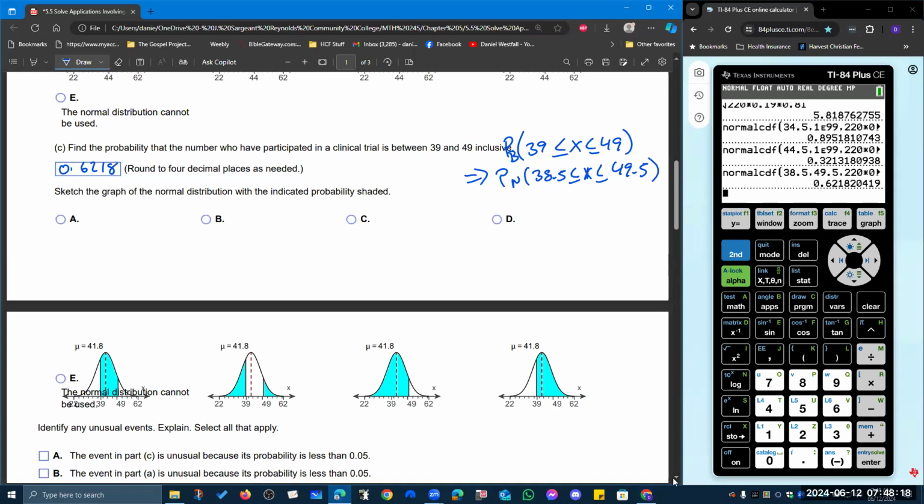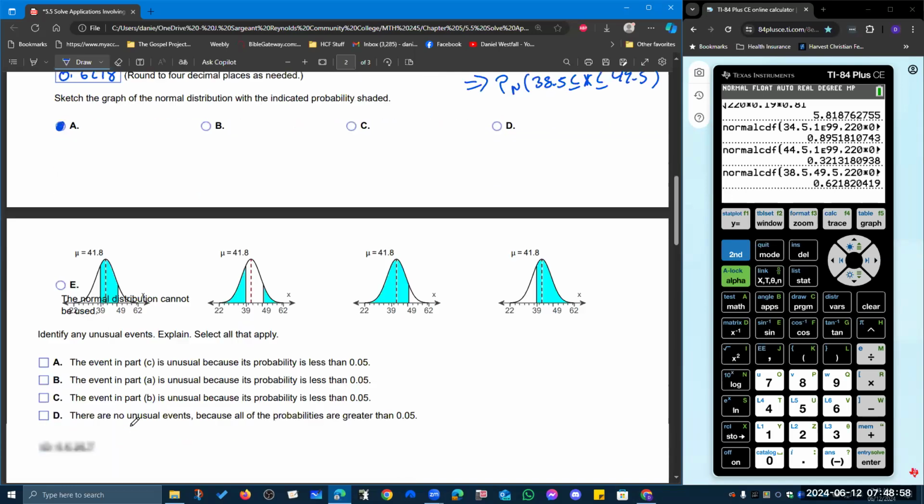It's going to be a little hard to see with some of the writing over top here, but we want a between situation, and the only between is this one right here. That is a, where we have 38.5, which is just a little bit to the left of 39, and 49.5, which is just a little bit to the right of 49.